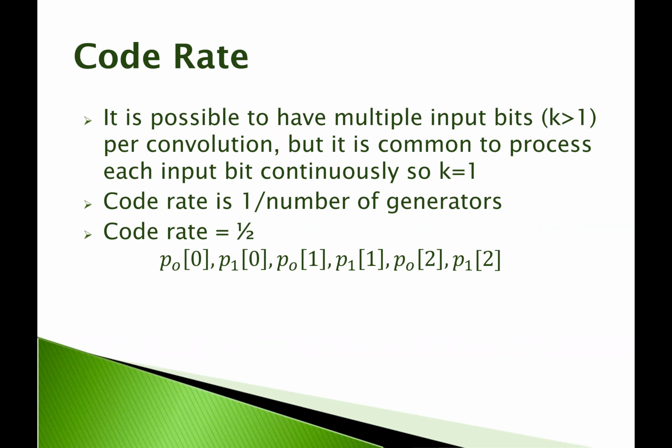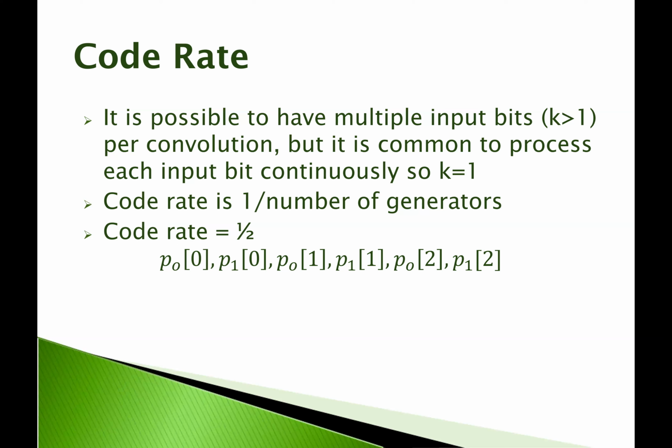But it's common to process each bit continuously, so we'll call k equals 1 in this case. It's not exclusive, but for the examples we'll look at in this course, we're going to assume k is equal to 1. You can, like I say, look at multiple input bits at a time.